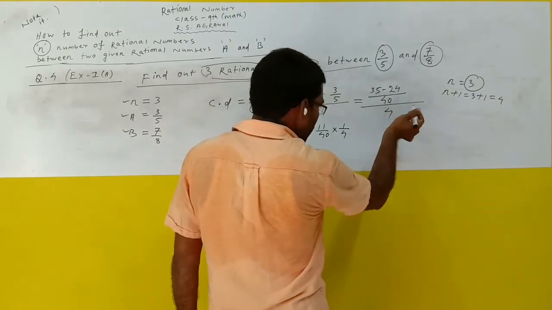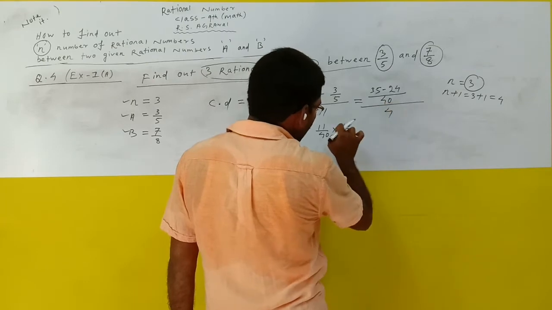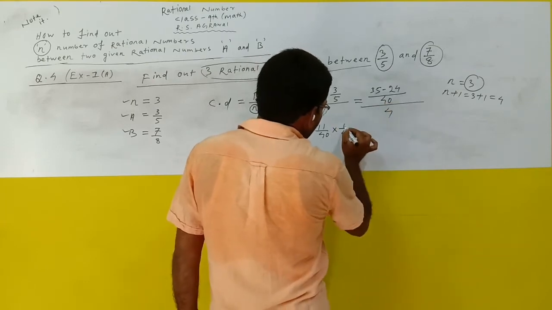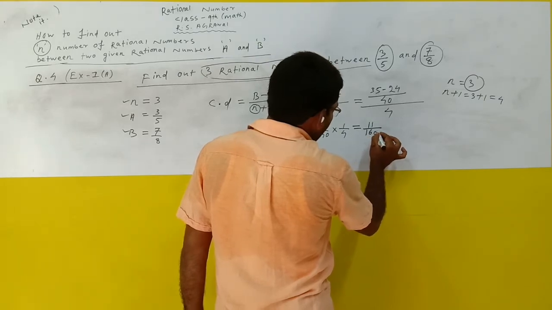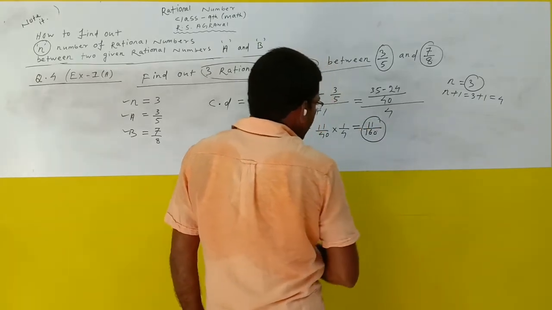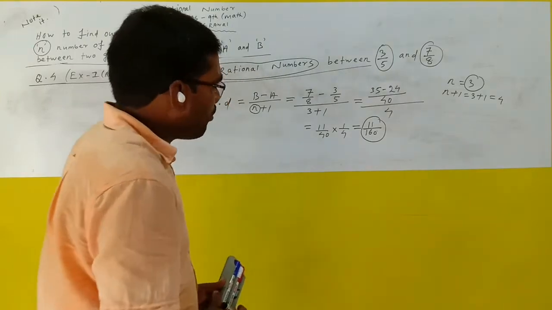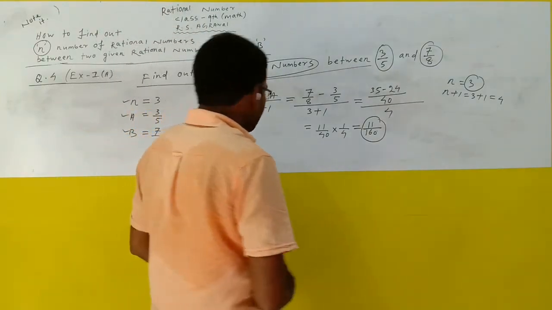Divided by 4 means into 1 by 4. Finally you got 11 by 160. So it is your common difference. Note it.